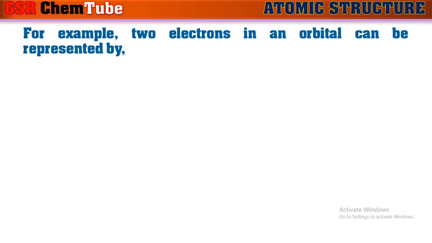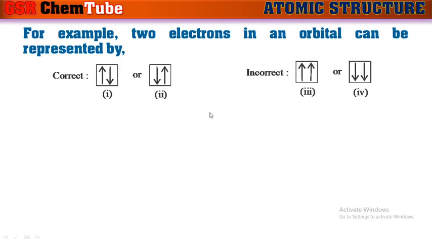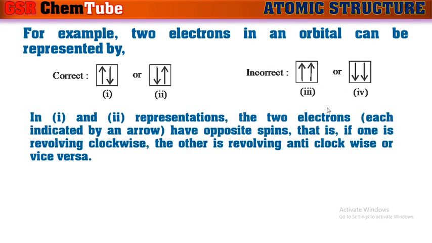For example, two electrons in an orbital can be represented in either these two ways or these two ways. In representations 1 and 2, the two electrons have opposite spins. That is, one has clockwise spin with the positive half value, and the other has anticlockwise spin.